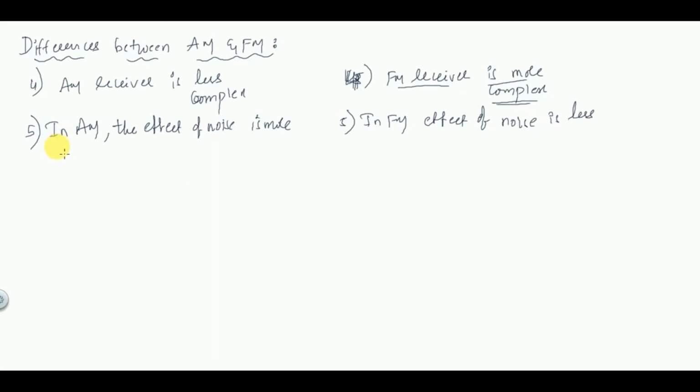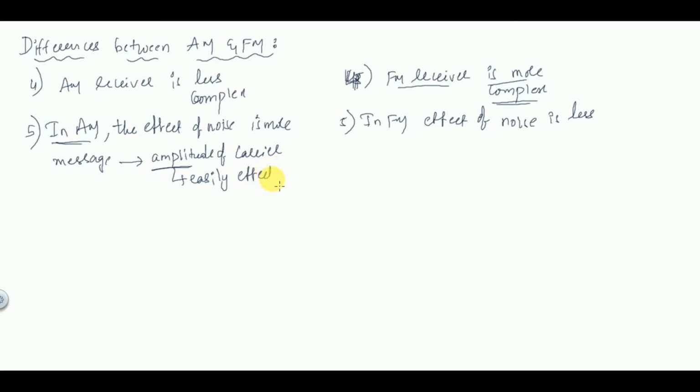Okay, since in AM the message is stored in the form of amplitude of the carrier. The message is stored in the amplitude of the carrier, and the amplitude of any signal is easily affected by noise.